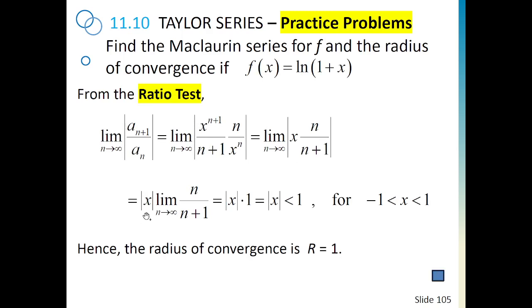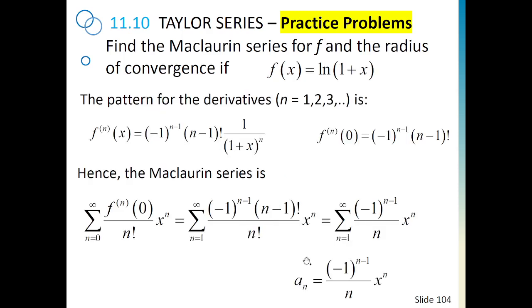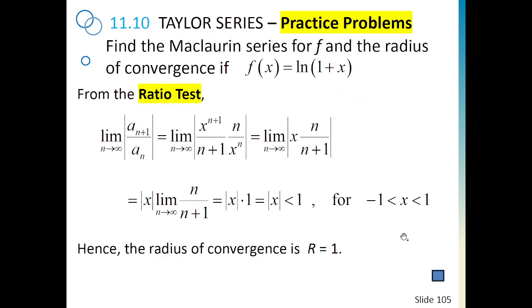And in this case, we have that |x| needs to be smaller than 1. So the radius of convergence is 1 for this expansion. So this means that this series is equal to our function for x in the interval -1 and 1.